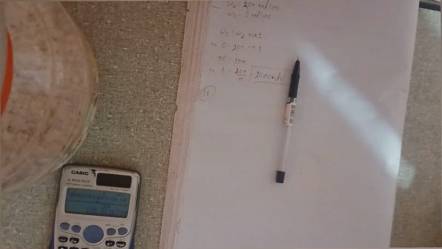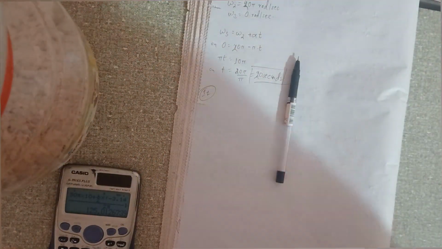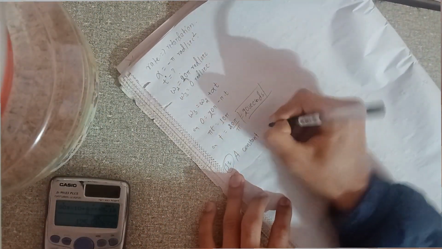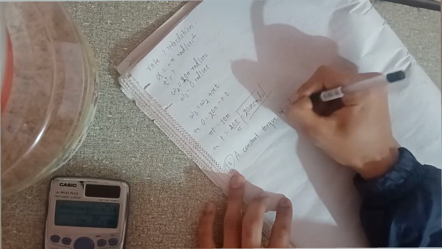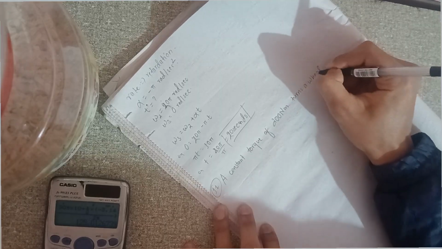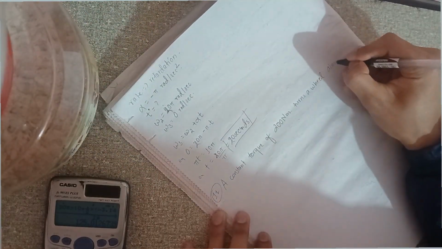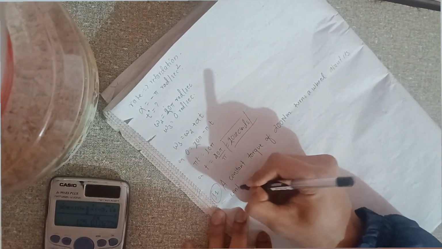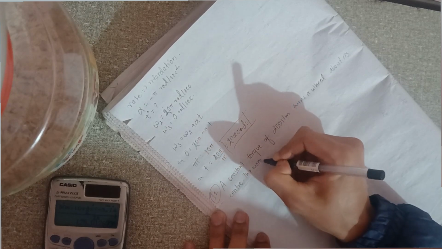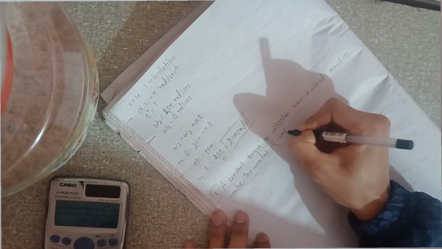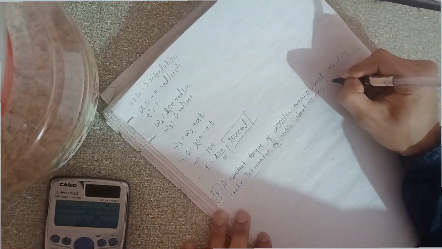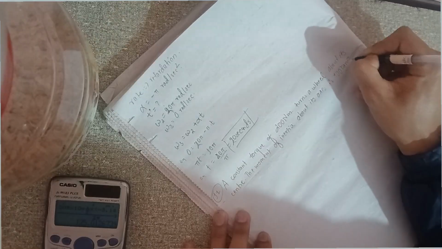So let me copy the question. A constant torque of 200 Newton meter turns a wheel about its center. The moment of inertia about its axis is 100 kg meter cube.